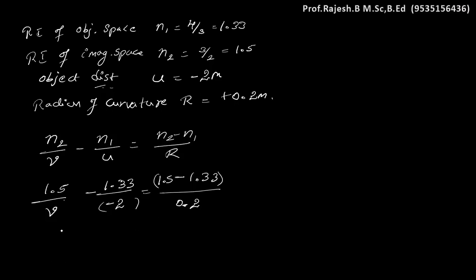Let's perform this: 1.5 by v plus 0.666 recurring. After solving the right side, we get 0.8335.